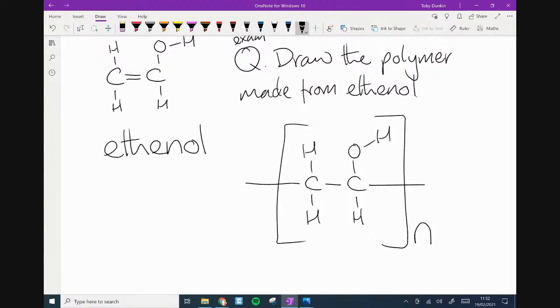Has anyone ever here used epoxy resin, where you have to mix two glues together? That's not two glues. That is one glue and a catalyst. And the catalyst causes the chains to actually physically bond together, and then it becomes really, really hard. Yeah? Anyway, so there's PVA.